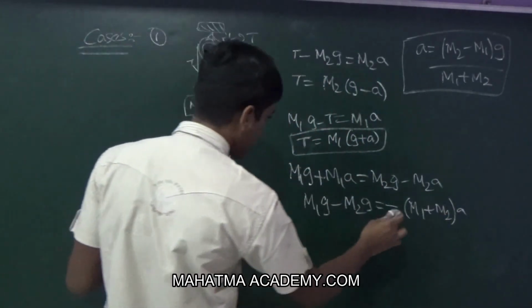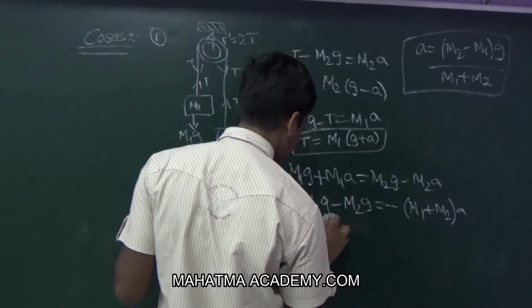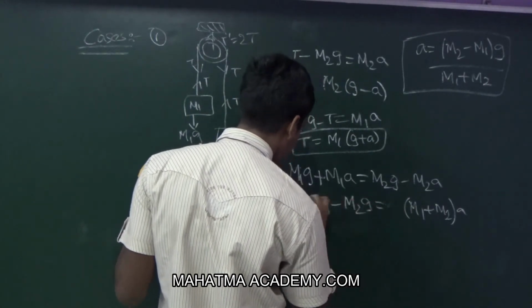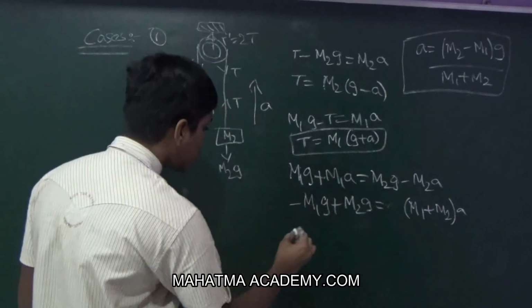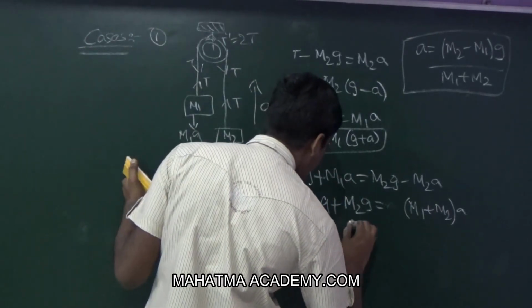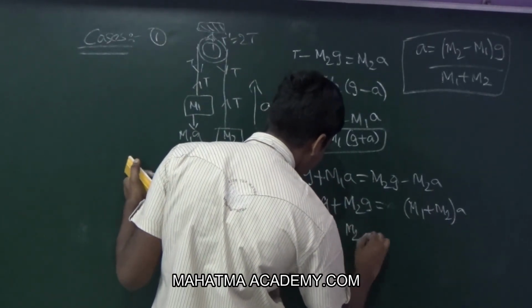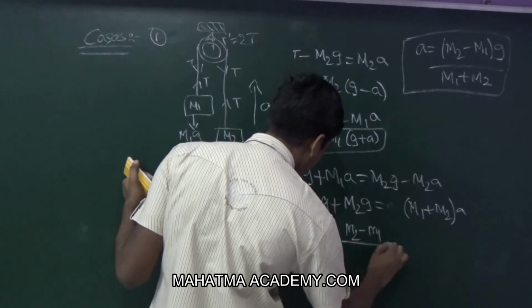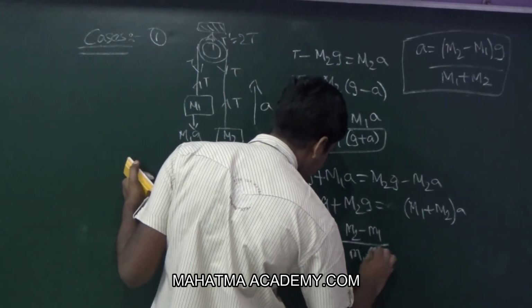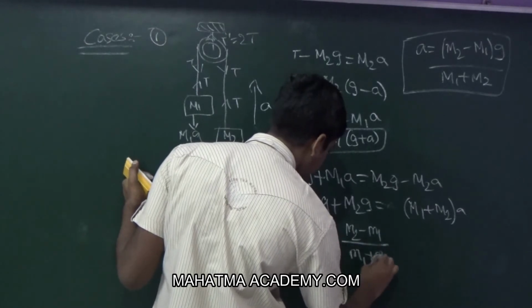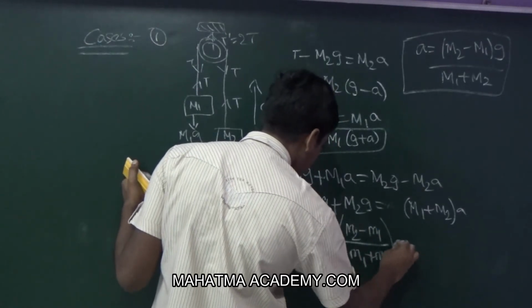Now this negative will come to this side. So acceleration is equal to m2 minus m1 upon m1 plus m2 into g.